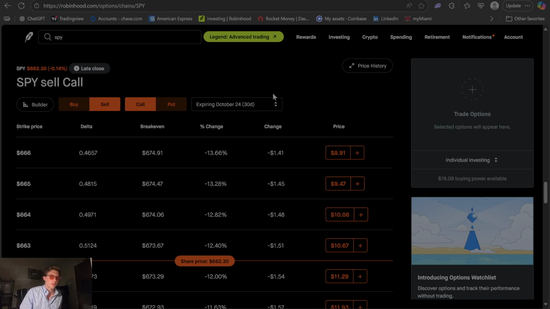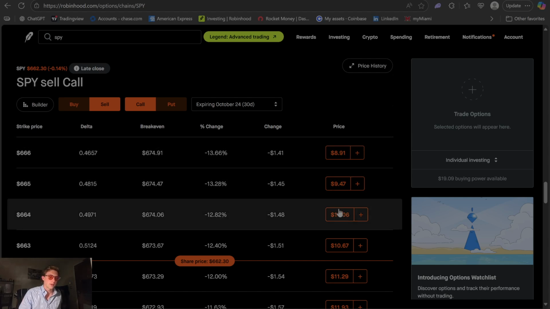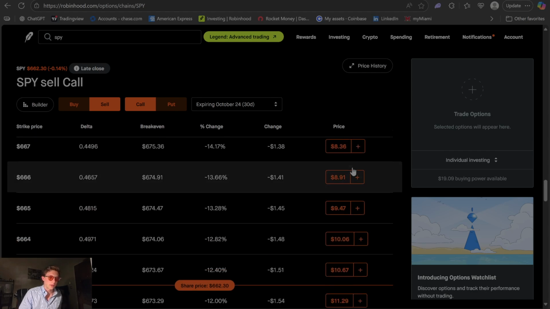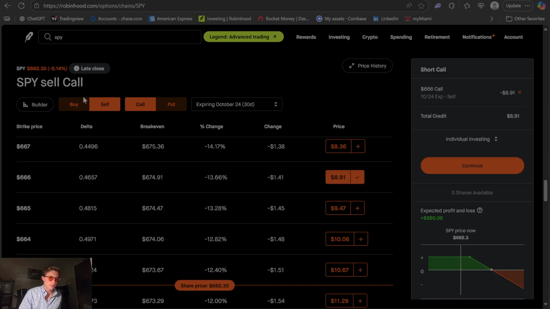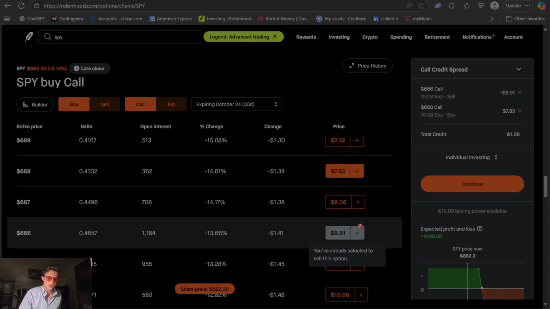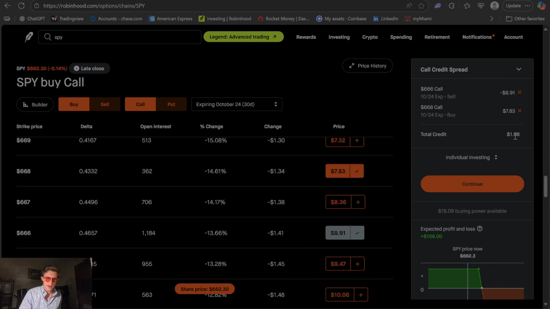So think about when we're running the wheel strategy, when we're selling calls, we're selling puts, we want to receive income, right? So what does that mean? We're receiving a credit. So what if we were going to sell, say, this option and buy one that's further out of the money, right? Because we're short this one and long this one, so we're going to receive a credit, a credit for a call credit spread.